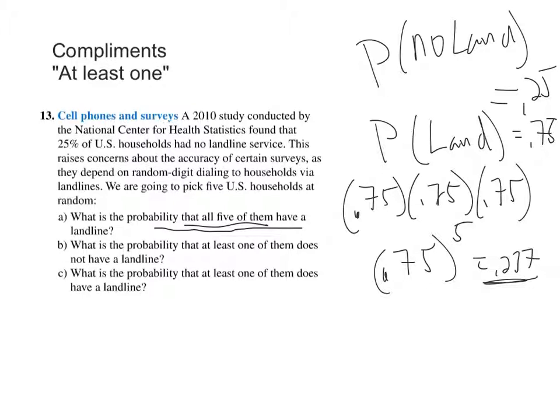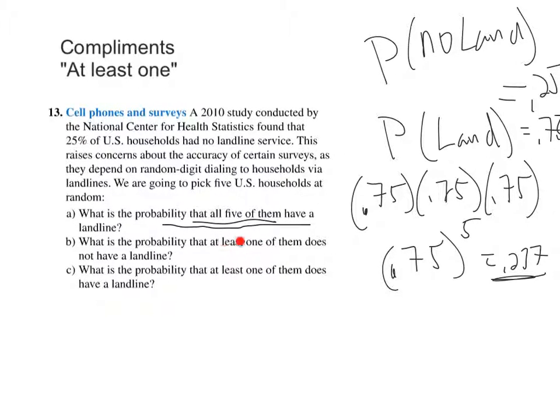Okay? What's the probability that at least one, so there's that buzzword, at least one of them does not have a landline. So we're going to find the probability that they all have a landline. So we know there's a 75% probability that any one house has a landline. We're going to raise that to the 5th power, which we just did there.